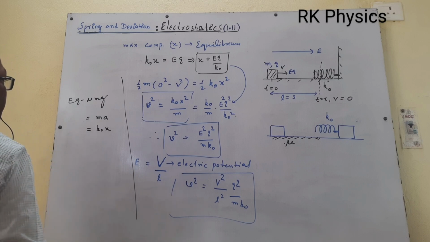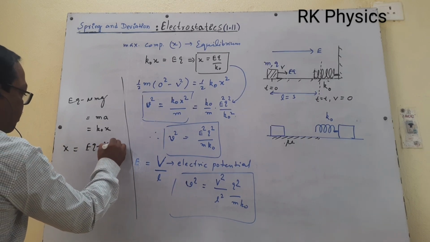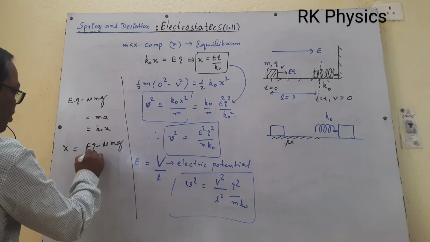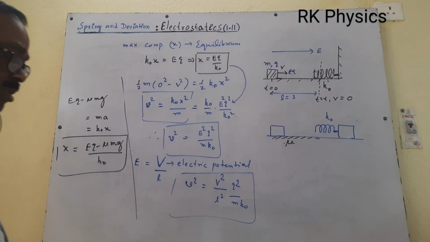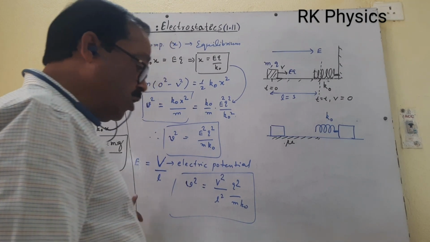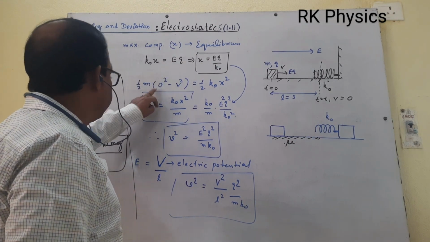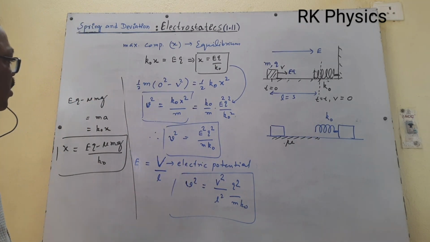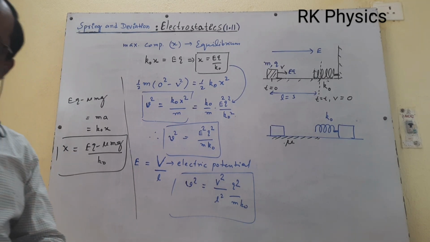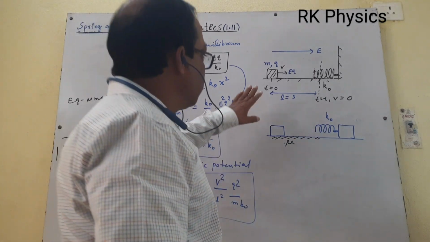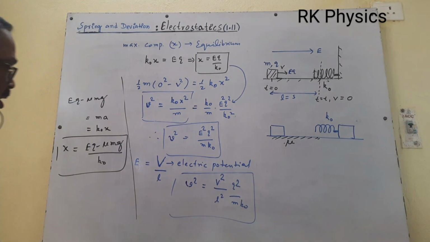So x is EQ minus mu m g, where mu is the coefficient of friction, whole divided by K naught. If you put this value in the energy conservation equation, you can find relations between other physical quantities in the presence of friction. This was for the smooth surface, and this is in the presence of friction.